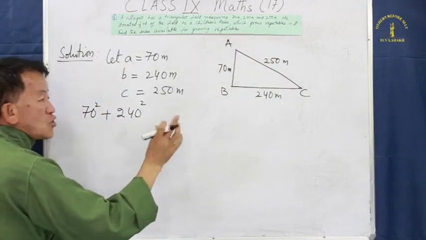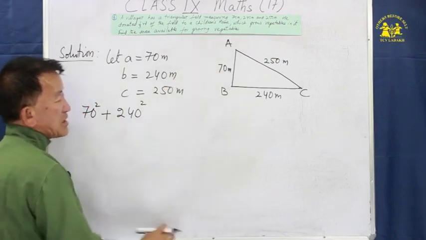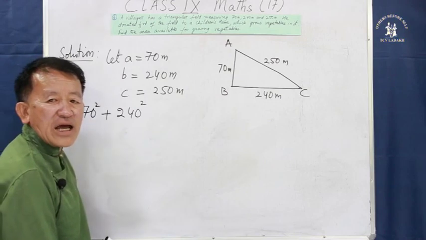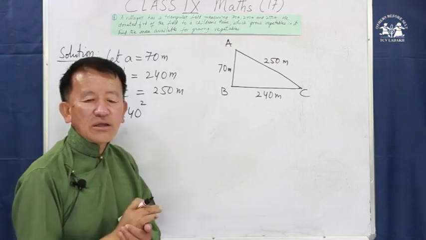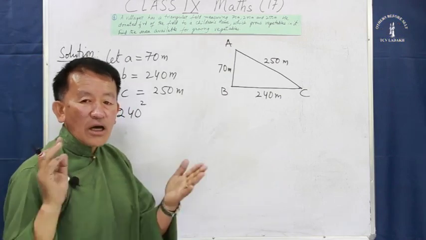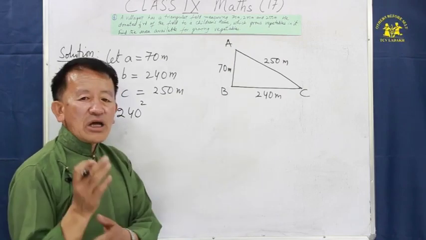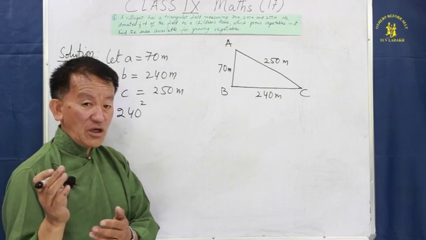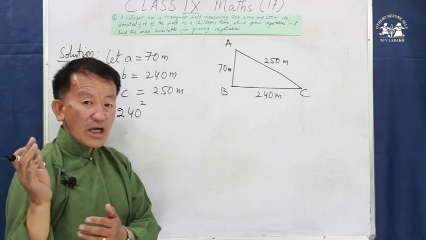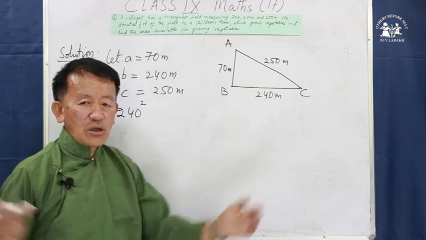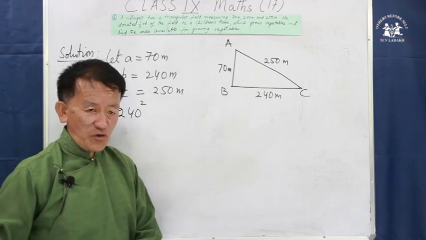If that is true, then we can say that triangle ABC is a right angle triangle. If it is a right triangle, then we can use the simple area formula, base into height, instead of the long Heron's formula.